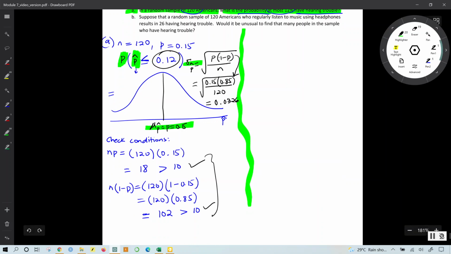I would like to locate 0.12, that should be a number below 0.15, and I'm interested in the area below 0.12. So to get that probability, I'll need to key in the mean and the standard error in my normal calculator. So here I go.